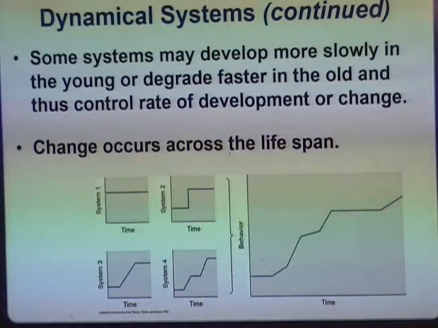So some systems, if I'm looking at young children, might be developing more slowly. Right? So a child's not going to stand up and walk at 3 months old, not just because of their central nervous system, but also because their skeleton and their muscular system isn't ready for them to stand up. When they do start standing up, they don't walk, right?